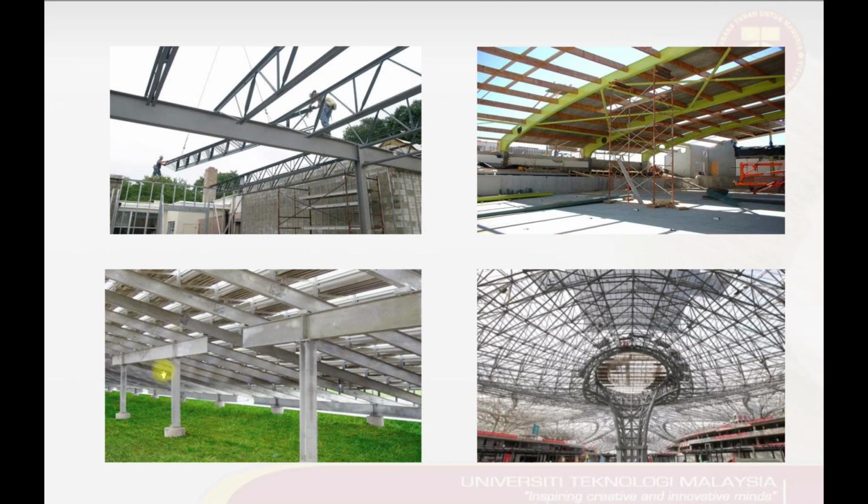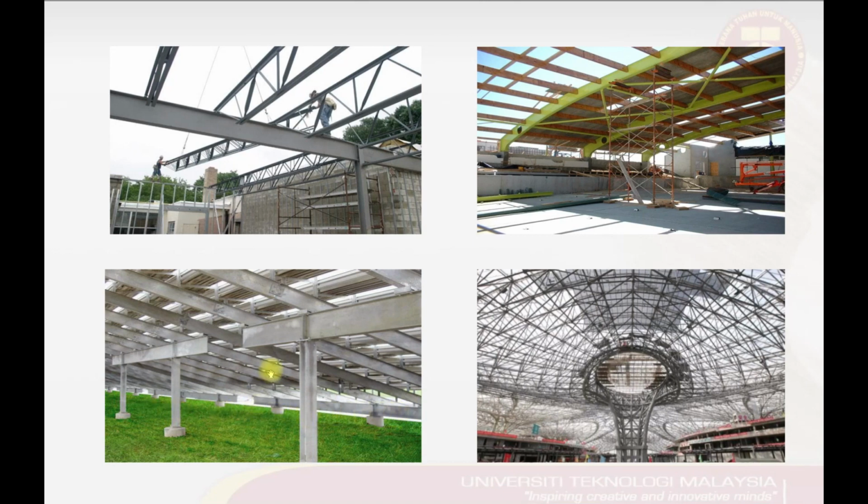And the other figure here, on the other hand, shows the use of frames, the use of beams, in the construction of the stands or seats in the stadiums. So we have a beam here, a beam there, and here is a beam as well.